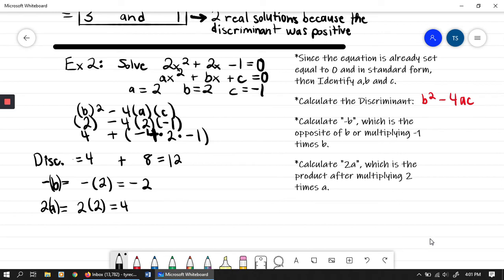Next, what we want to do is substitute those three parts into your quadratic formula equation.